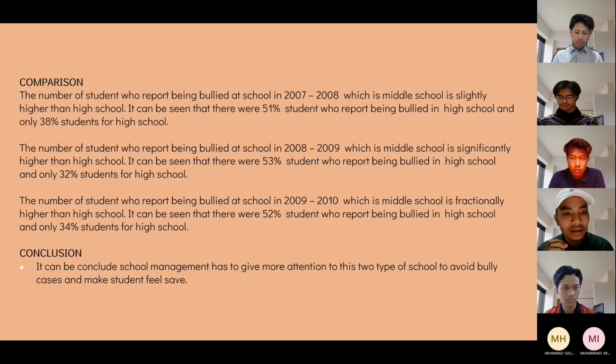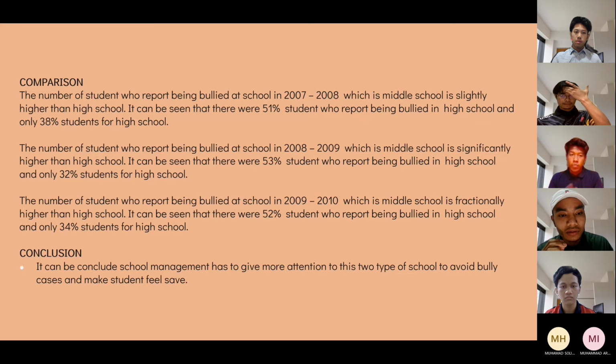Next is the number of students who report being bullied at school in 2008 to 2009, which is middle school, is significantly higher than high school. It can be seen that there were 53% students who report being bullied in middle school and only 32% students for high school.